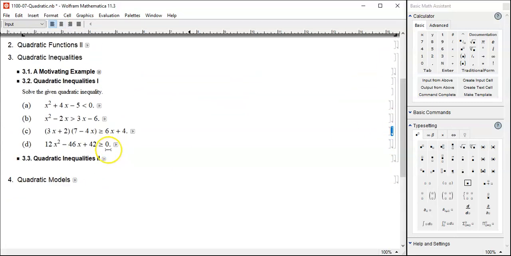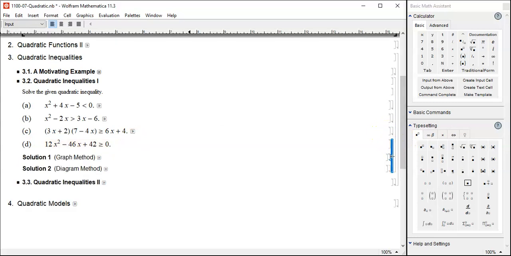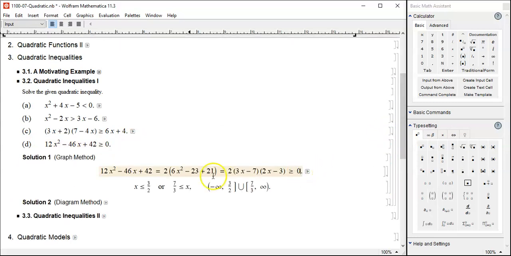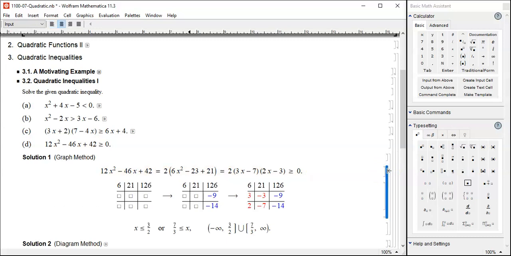How about this problem? Okay, no parentheses, no like terms, so you can just go ahead and factor. 12 times 42, oh, that's too humongous. Maybe there's a better way. Indeed, everything here is even numbers, so you can divide everything by 2 and make the problem a little bit simpler. So factor 2 out and you get a simpler version here, and then you can factor like this.